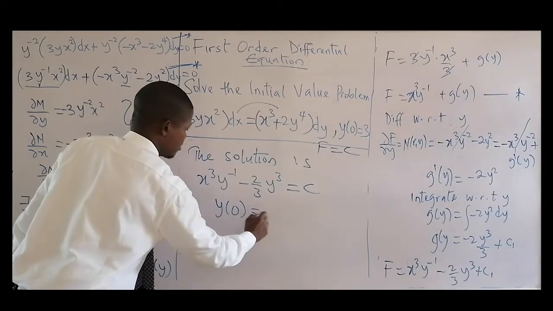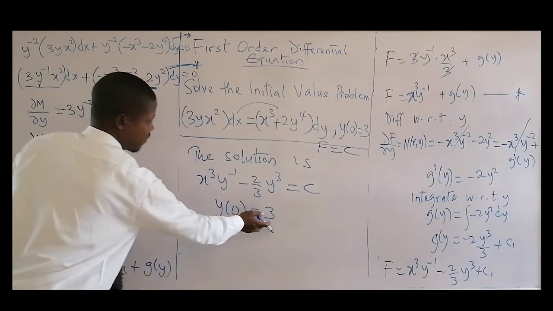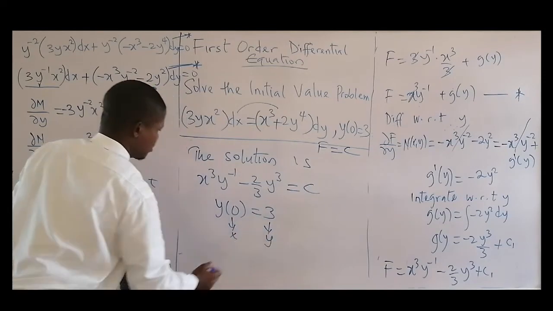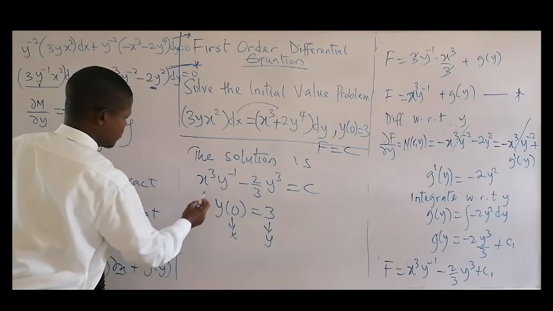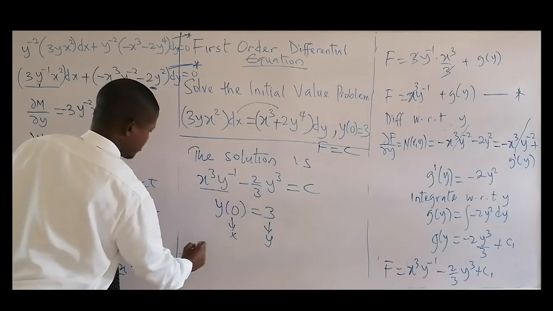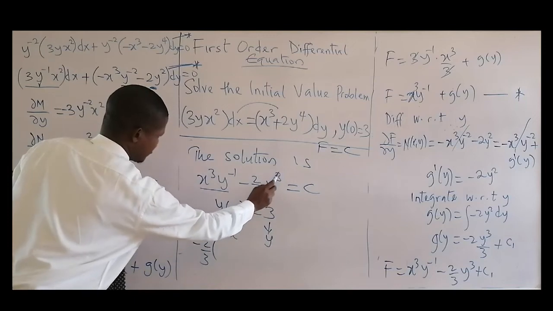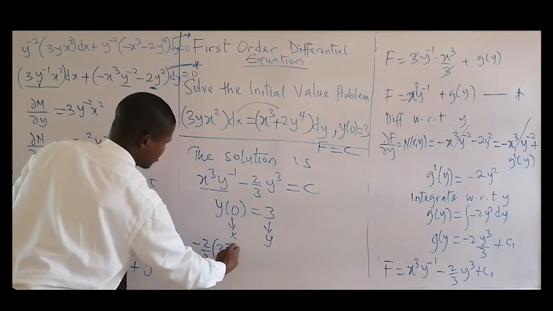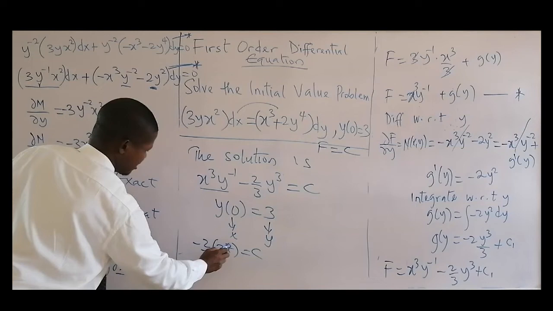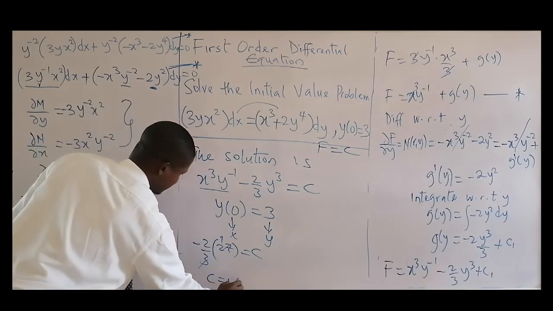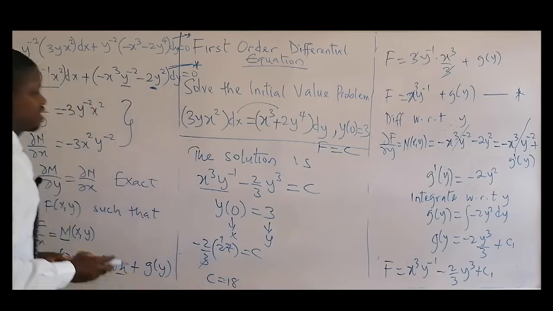We have this 3, and that's just to get the c. This is the x value and this is the y value. So let's do that. Now x is 0, so everything becomes 0 here. Here we have minus 2 over 3, y is 3 cubed, that's 27, equal to c. So 3 here 1, 3 here 9, that's c is minus 18. So that's the value for c.